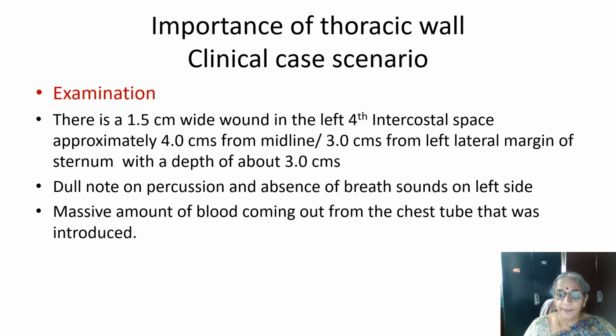Dull note on percussion and absence of breath sounds on the left side were observed. A massive amount of blood was coming out from the chest tube that was introduced.